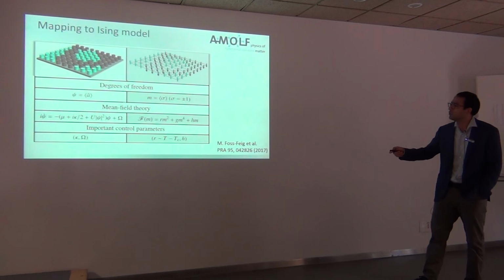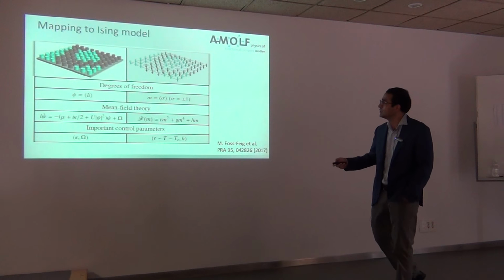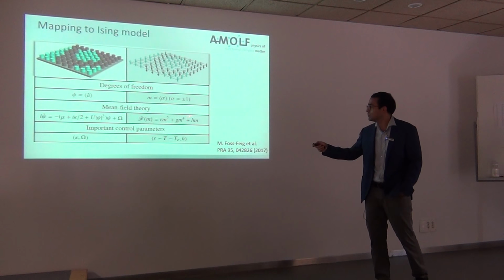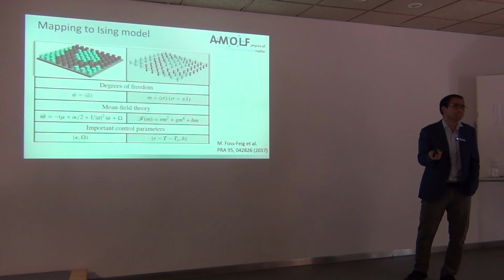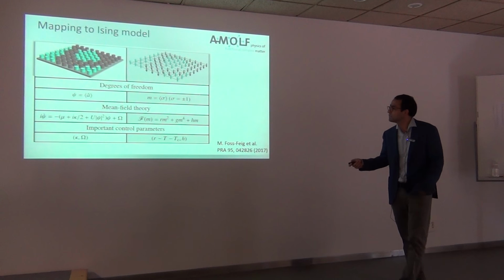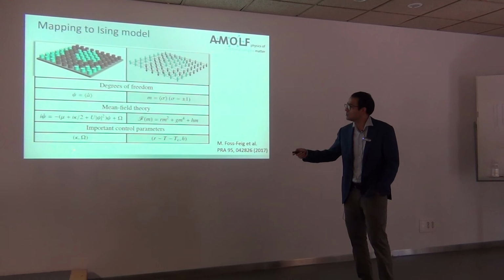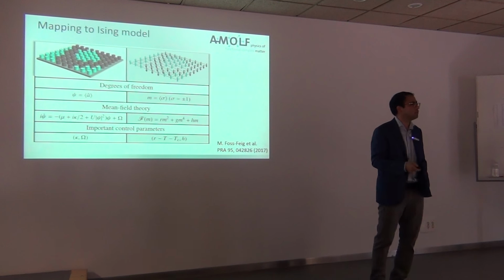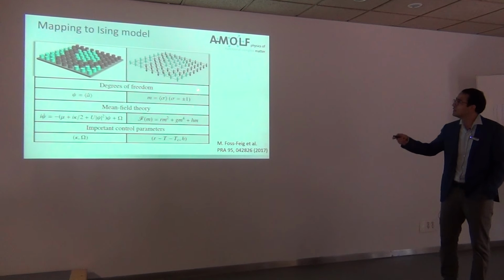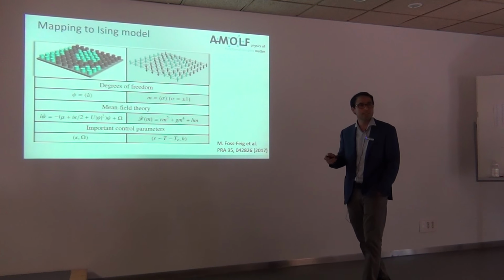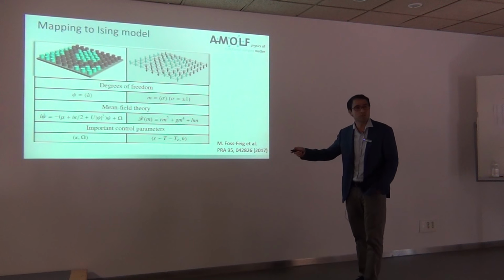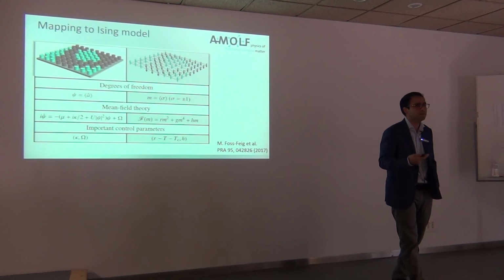And for the Ising model, you deal with this Landau free energy, which has, as you can see from these squared and fourth power terms, a double well potential, which gets mapped to the bistability. The control parameters for us are the losses, the intensity, and the driving frequency, whereas in the Ising model, the distance to the critical point is determined by the temperature, and there is also the other control parameter, which is the applied magnetic field.